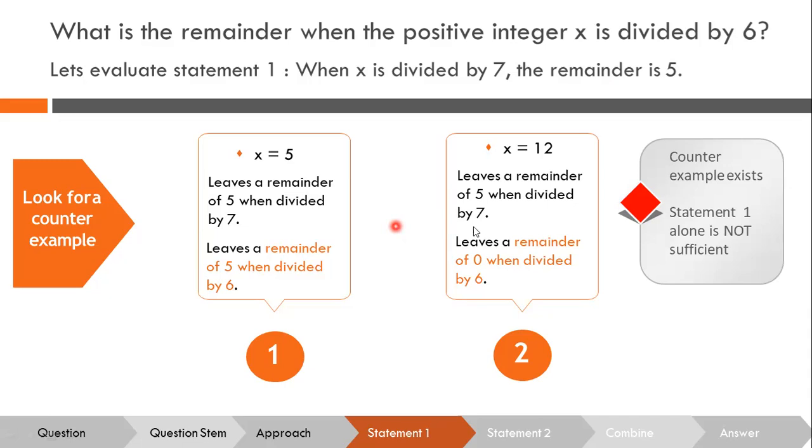So the case here is that if alone we are thinking that statement 1, when x is divided by 7 the remainder is 5, is sufficient to get the right answer, a counterexample exists. Statement 1 alone is not sufficient. Are you getting this point?